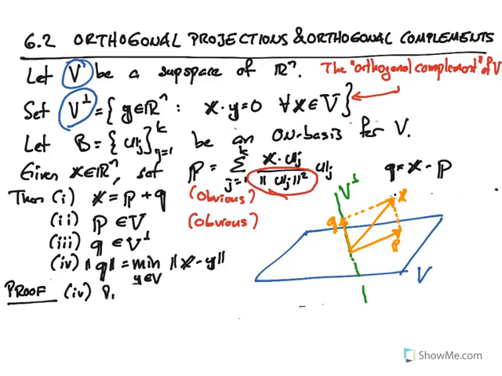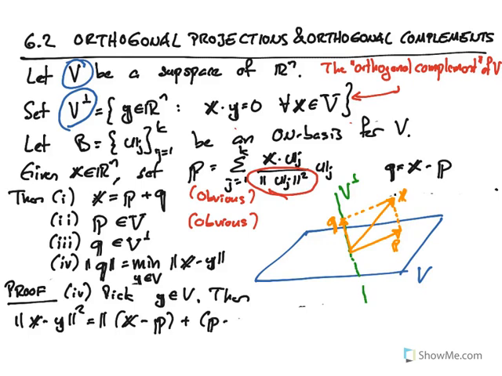So let's pick a y in V. And then the distance between x and y, it's going to be convenient to square things. This is the same as the distance between x minus p plus p minus y, squared.